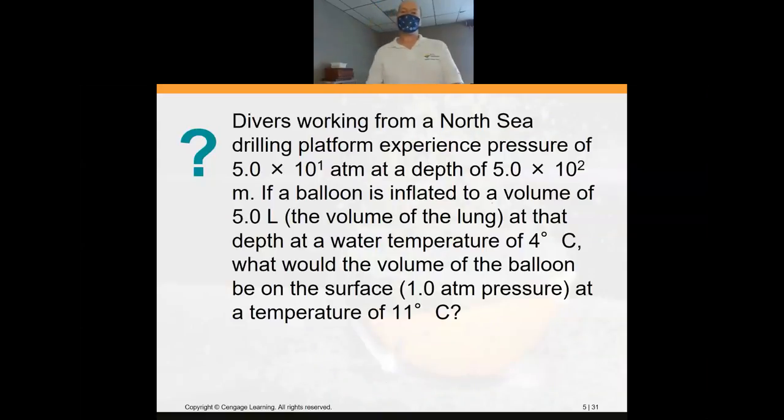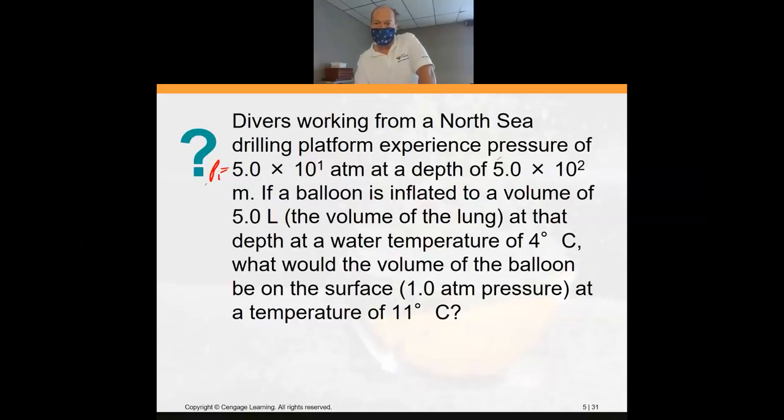All right, so here is a question. We have a pressure. The first pressure I get to, I call pressure 1, 5.0 times 10 to the first atmospheres at a depth of 5.0 times 10 to the second meters.